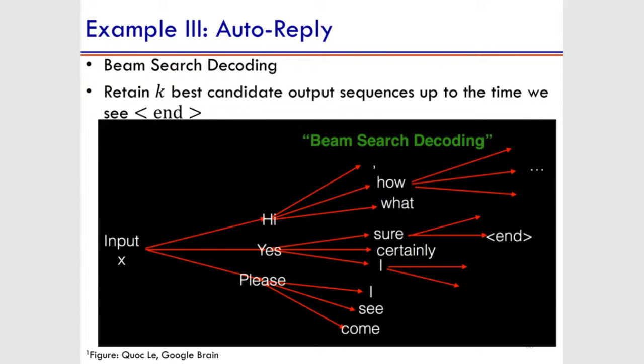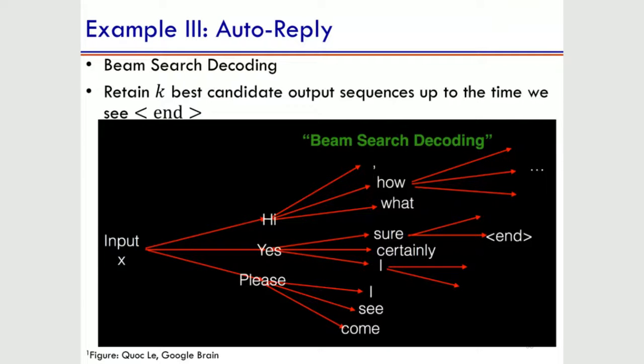It's actually a really old technique, but it's a nice trick, that's why I'm explaining it here. You maintain not just the highest probability word, but maybe the three most likely words, so that you keep track of: if this was the likely word, what would the next word be? If this is the word, what would the next word be? So you keep a list of the top replies.